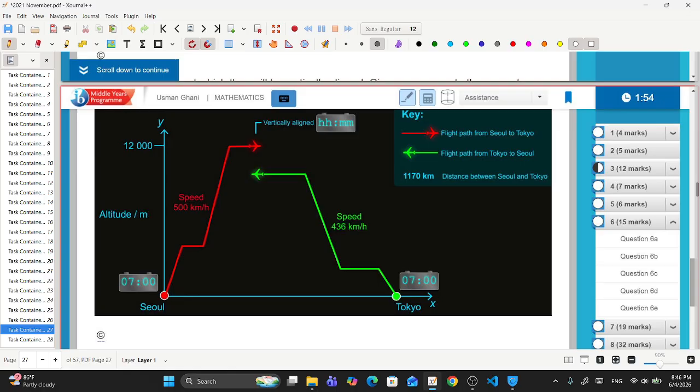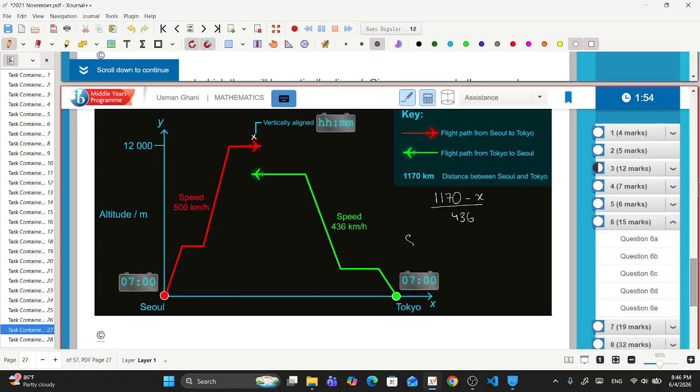Let's say that this exact point is x. So this can be written as 1170, which is the total distance, minus x. This should be equal to the speed of the plane that has departed from Tokyo, which is 436.